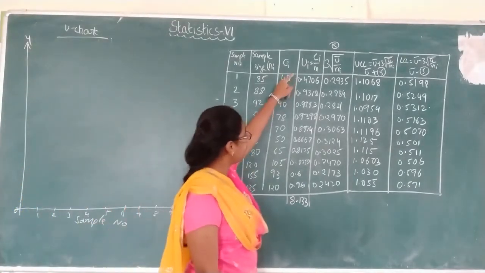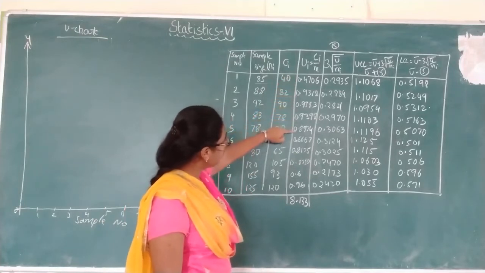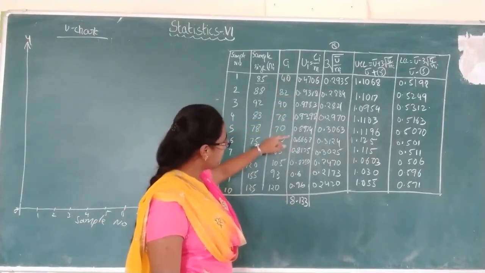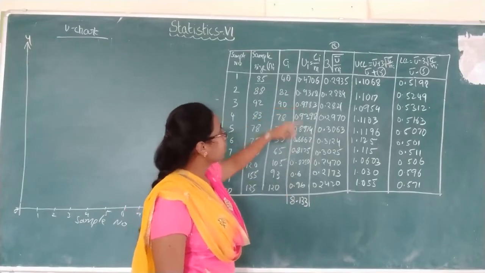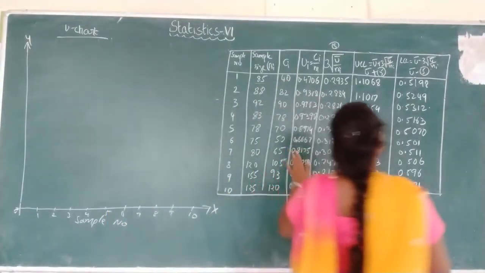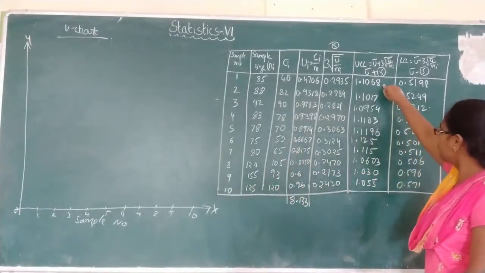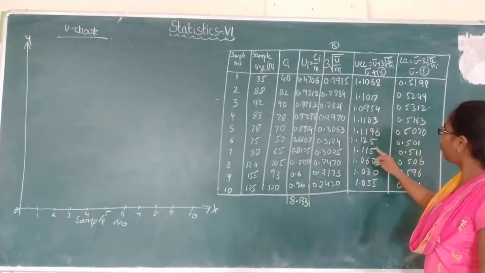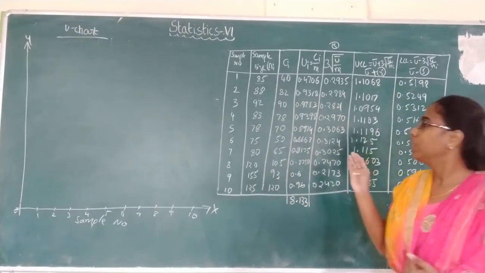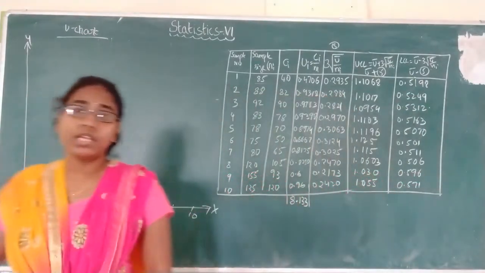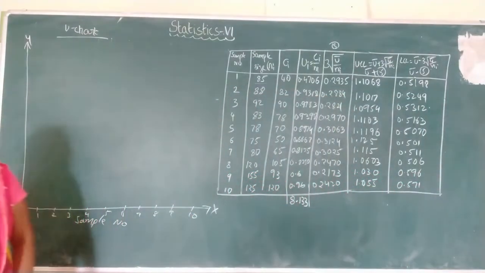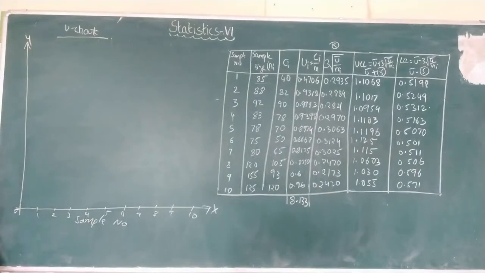If you observe in UI, the larger value is 0.97, and if you observe UCLs, the largest value is 1.12. So you want the values up to 1.12 or 1.14. So I will take the scale as 0.1 only.